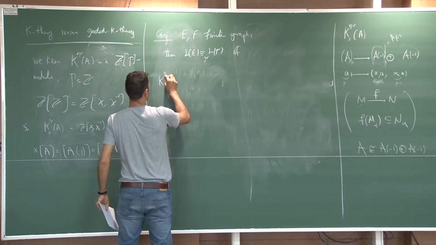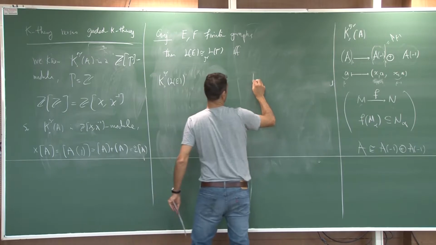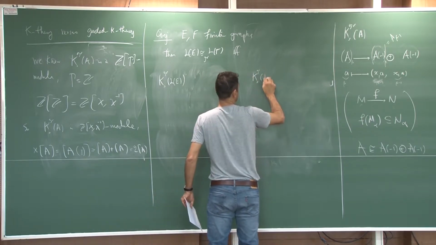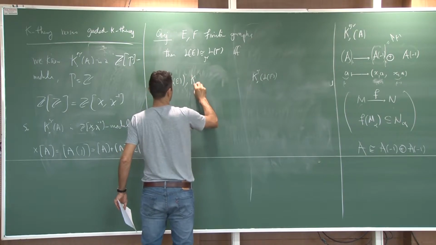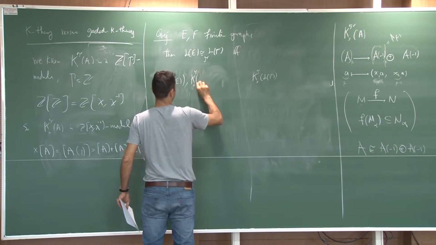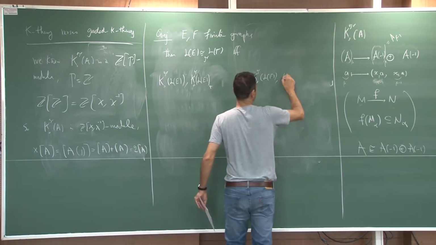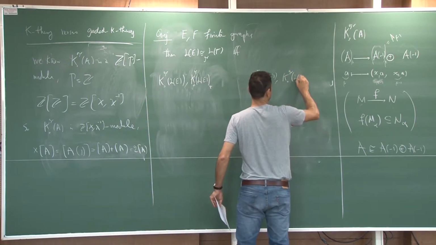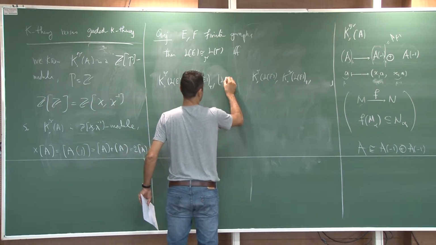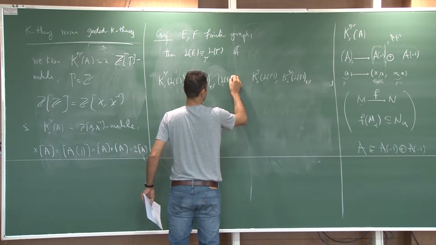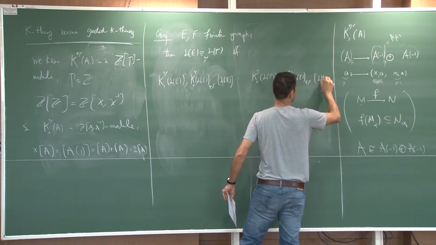So K0 graded of L of E, if this would be isomorphic to graded of L of F, and under this isomorphism, the positive cone goes to positive cone. And also this specific graded module would be sent to this one.